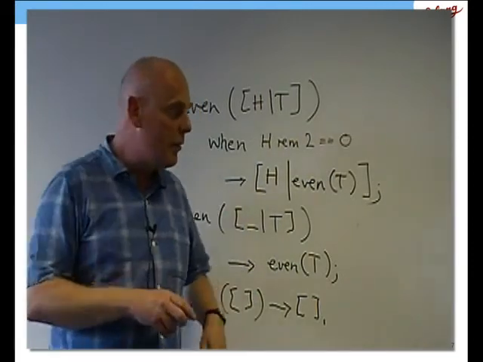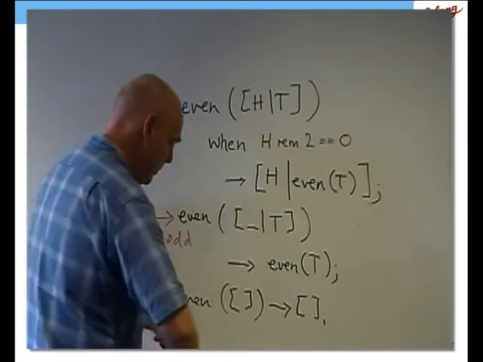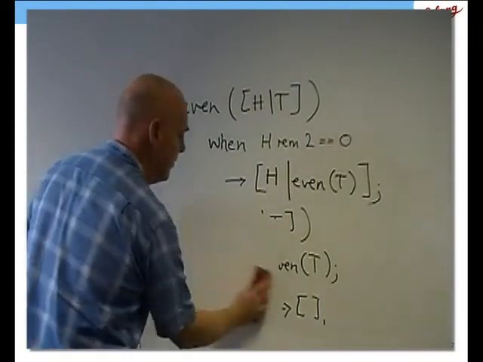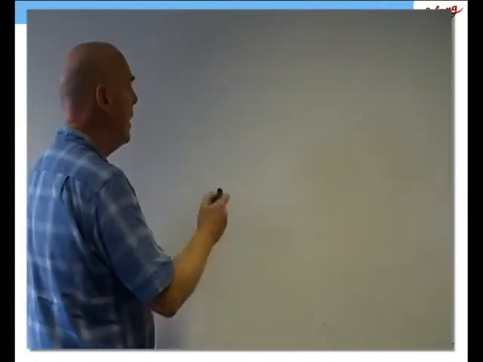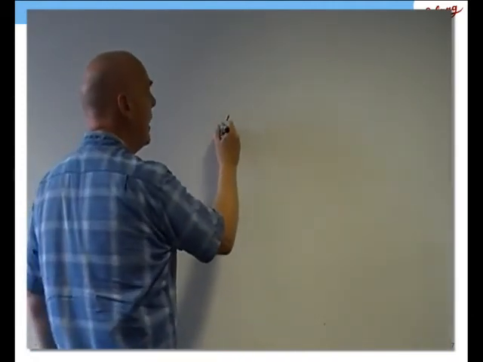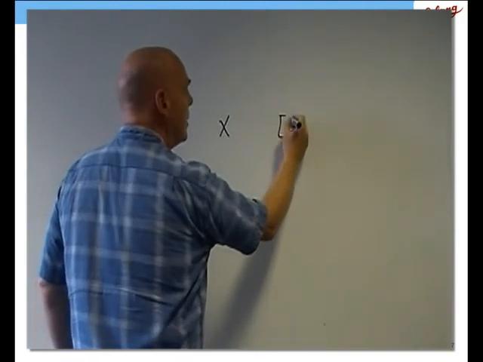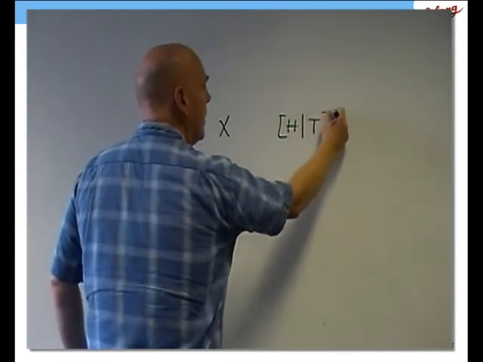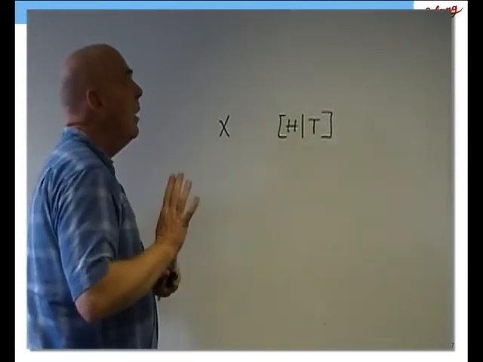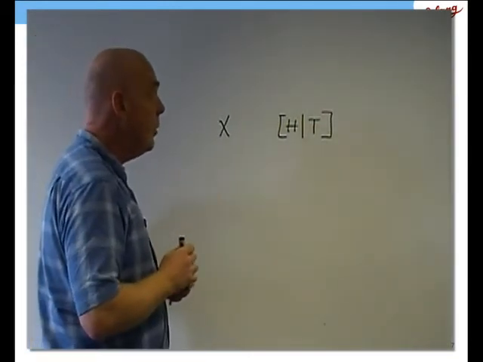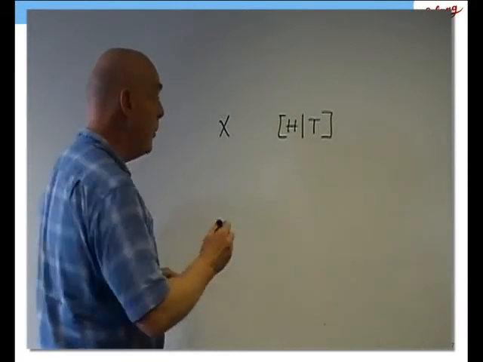Now, let's have one final example. What we're doing here is trying to check whether an element X belongs to a list H cons T. Well, there are going to be two ways that X could be a member of the list.